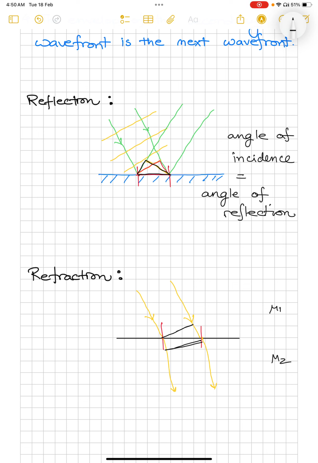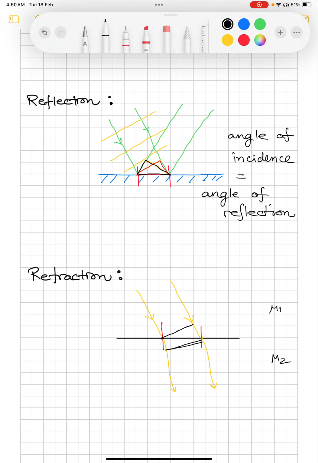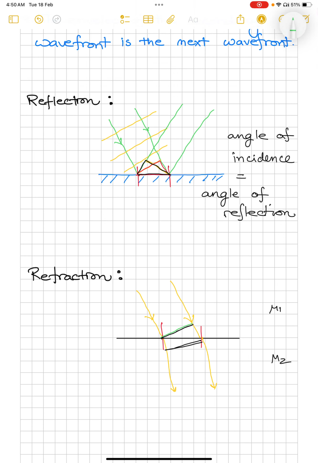Again, I need to take these two triangles, this and this, to prove the law of refraction, sin i by sin r equals mu2 by mu1.